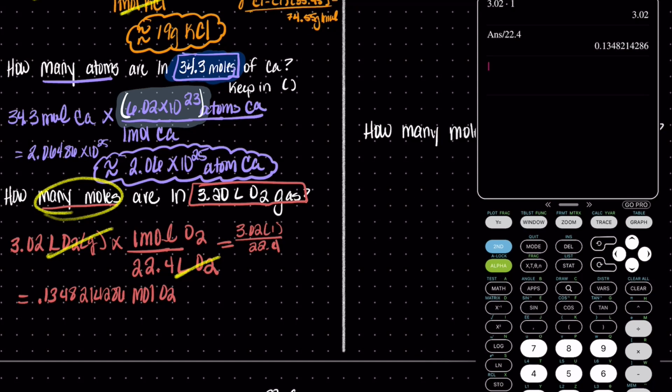How many sig figs are we talking? 1, 2, 3. I see 3 sig figs. So we're looking at around 1.35 moles of O2. Ta-da! Easy, breezy, beautiful.